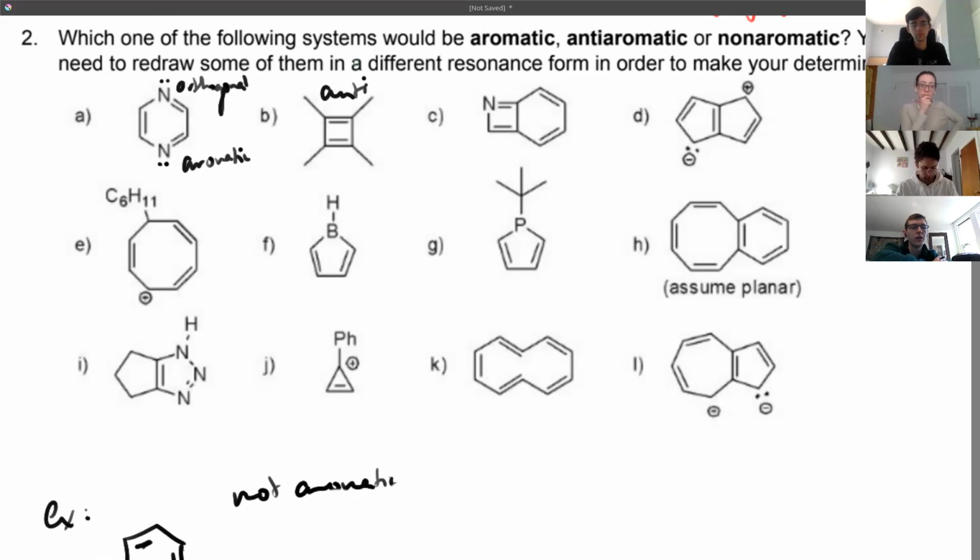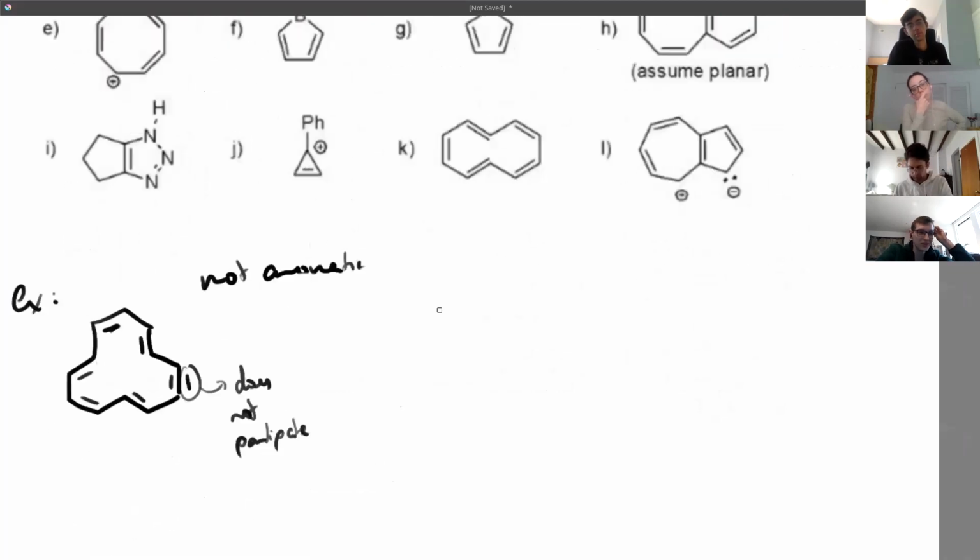There's actually an example, and I can't remember it now. I bet it's in the textbook. There's an example of some molecule that some people have made, or maybe it's on Wikipedia or something. I can't remember. And they put tert-butyls on all of these or something like that.